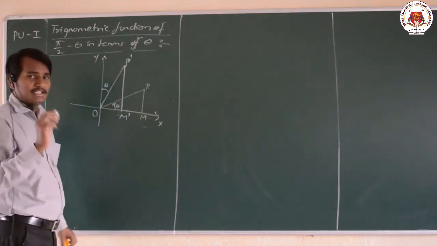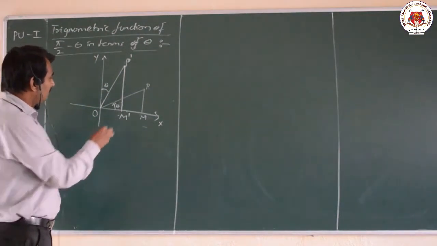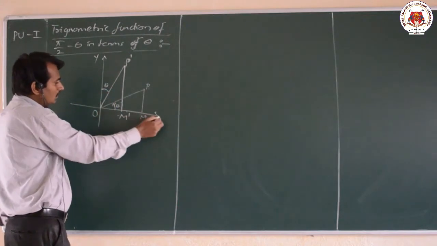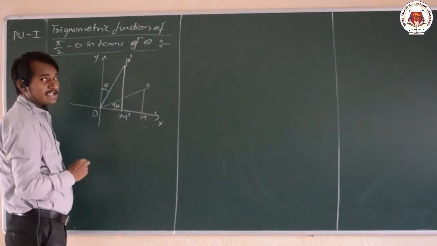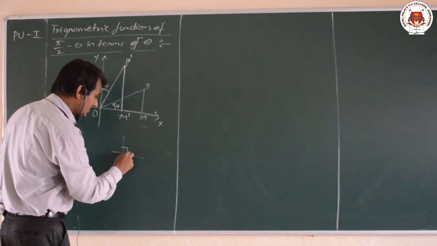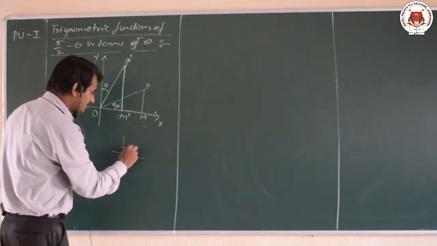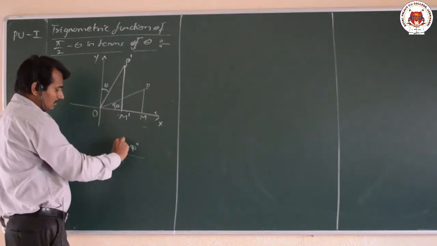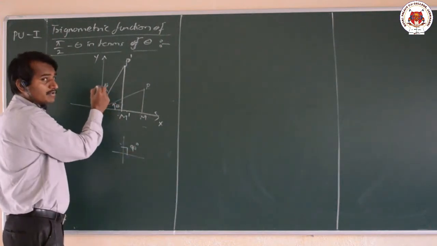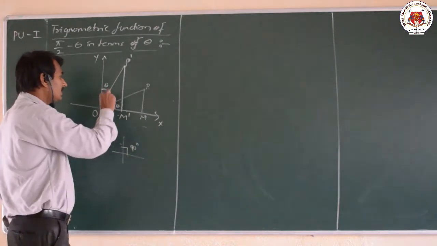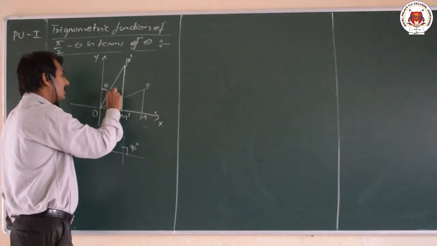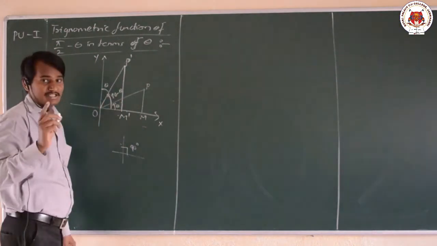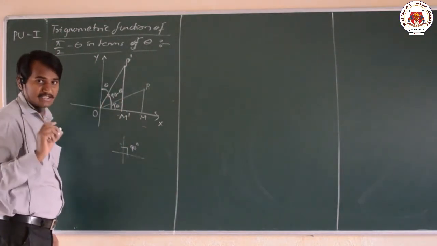Now, one thing we have to observe: total XOY is nothing but 90 degrees. That means if this is theta, out of this 90 I have to remove this theta. That means we get the value as 90 minus theta, that is nothing but pi by 2 minus theta. Both are same. Is it clear, everyone?